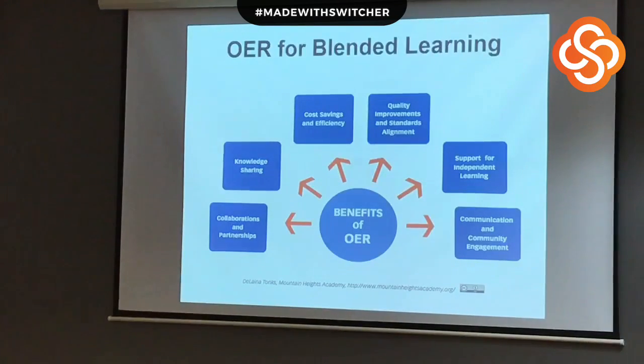So it supports collaboration and partnerships, it supports knowledge sharing, there's major cost savings and efficiencies, quality improvements and standards alignment comes about. We can support independent learning, and we have communications and community engagement by building these courses.